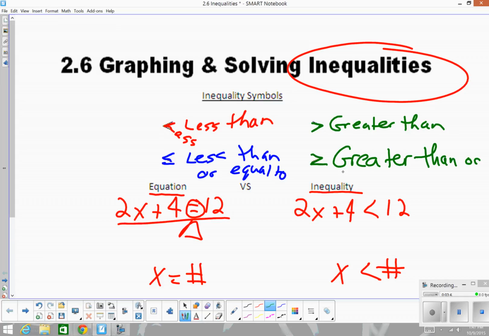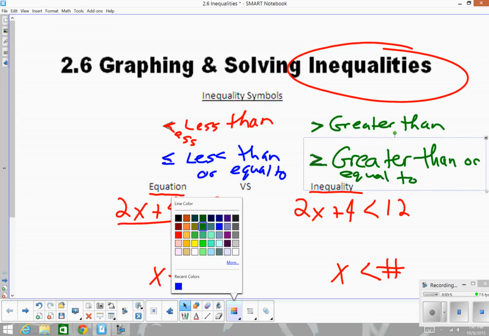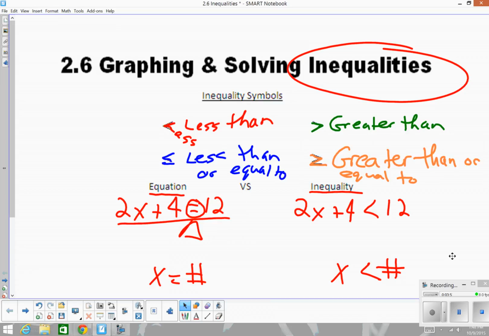Let me color code that so you can distinguish. Let me go with an orange. All right, so I have these different types of inequalities.